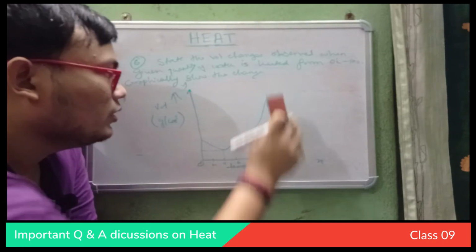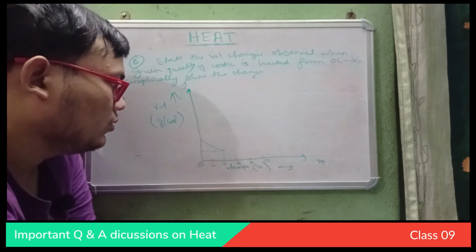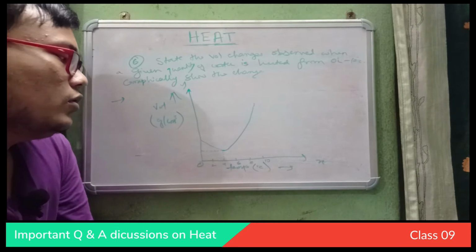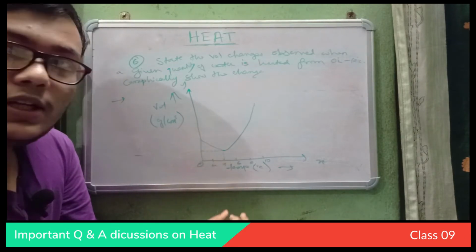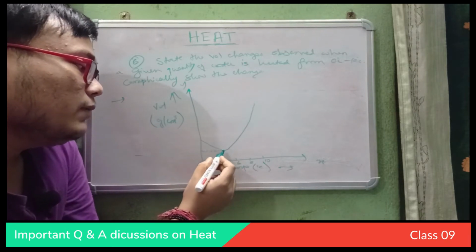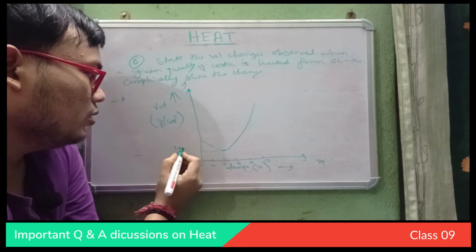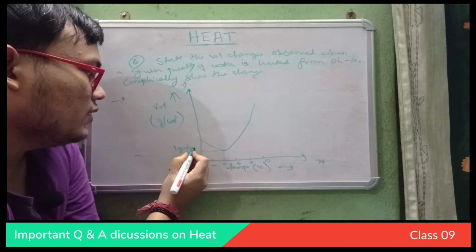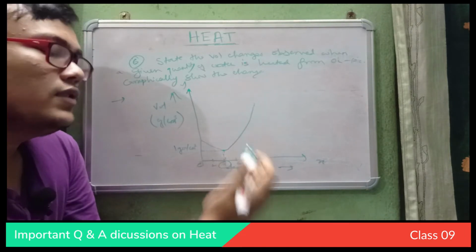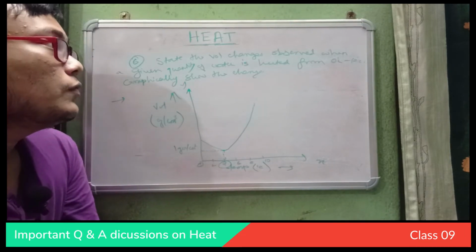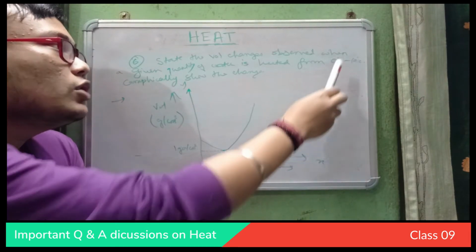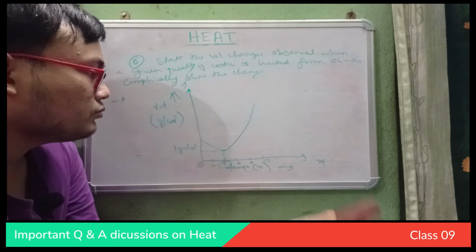The minimum value is 1 gram per centimeter cube, observed at 4 degrees Celsius. So this is the graphical nature of the volume changes observed when a given quantity of water is heated from 0 to 10 degrees Celsius.